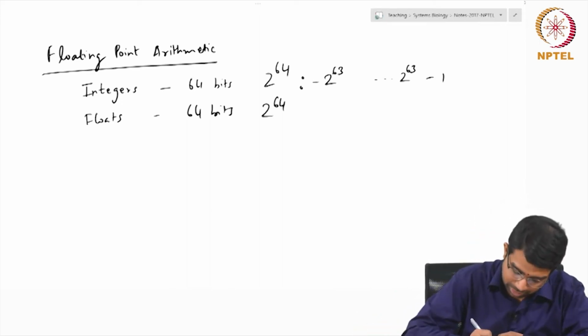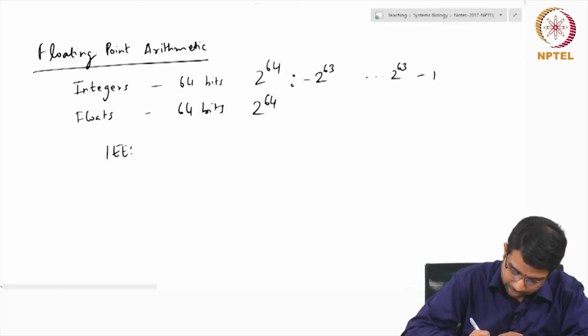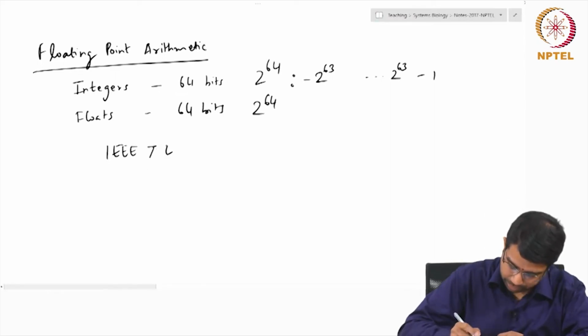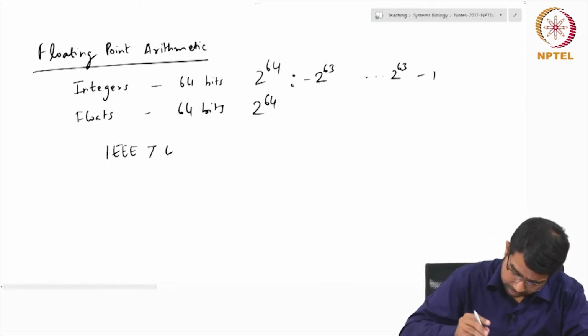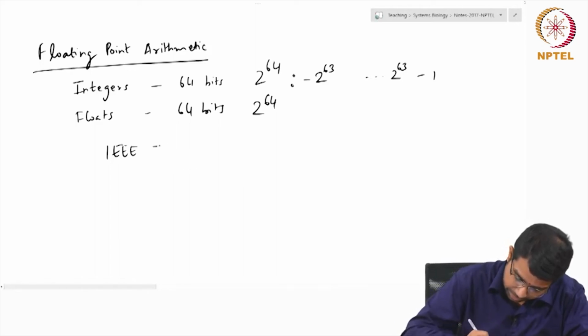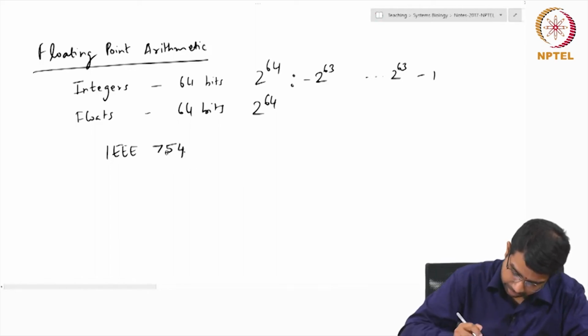So, there is something known as the IEEE 754 floating point standard, which I think everybody should try to quickly look at.